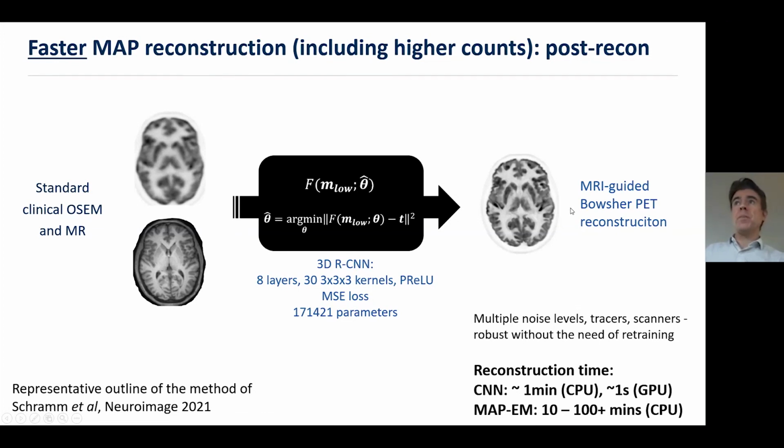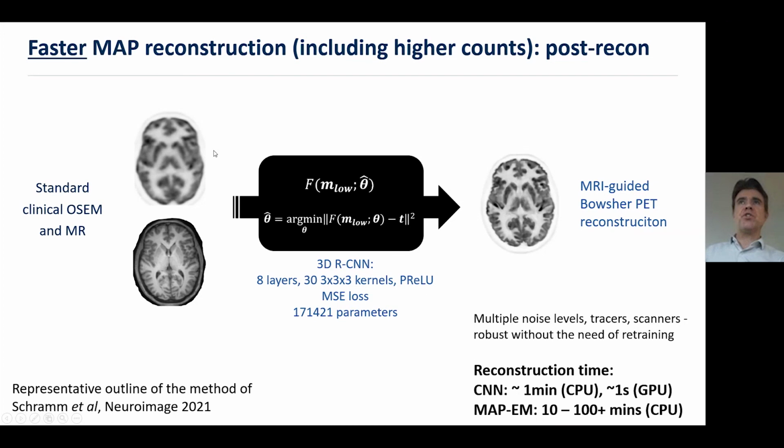And what we want here is an MR-guided, a Bowsher-guided PET reconstruction, which normally takes much longer to reconstruct compared to an OSEM image. So all they did was train up a network to learn how to map a conventional OSEM and a conventional T1 to the higher quality regularized, computationally intensive reconstruction.